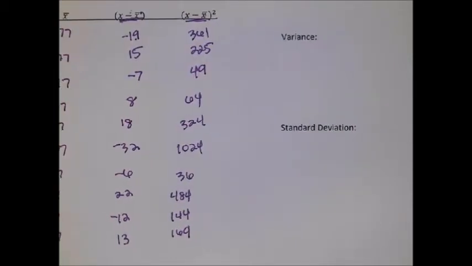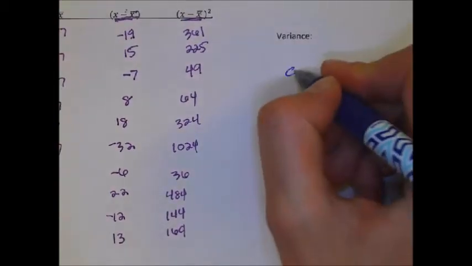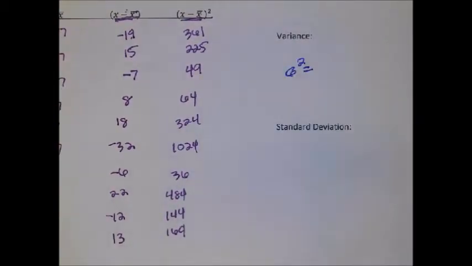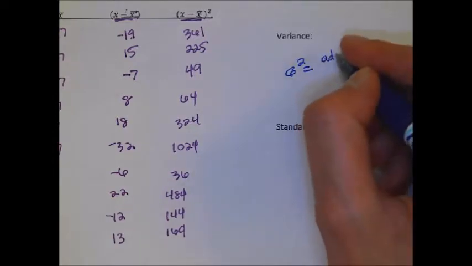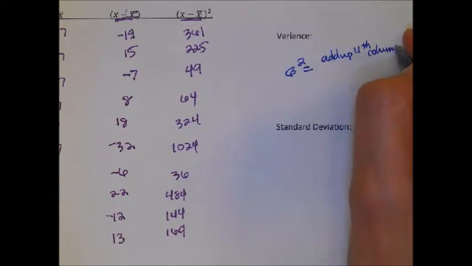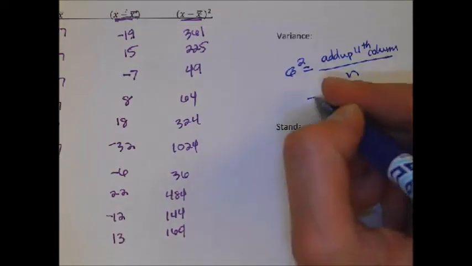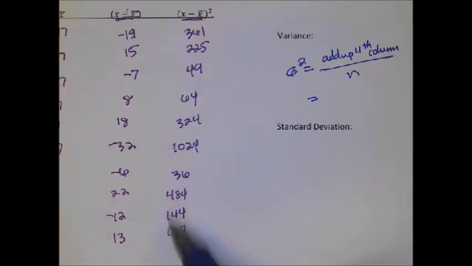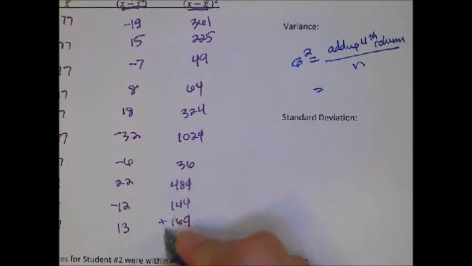All right, so for the variance, so sigma squared, we add up the fourth column and divide by n. So when I add up the fourth column, I got 2,880.